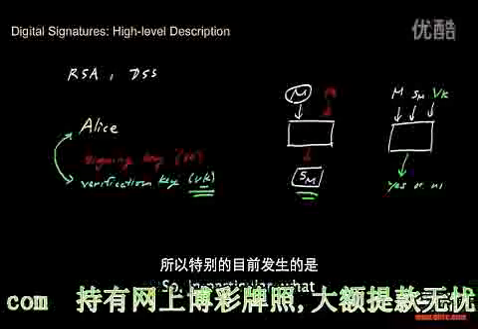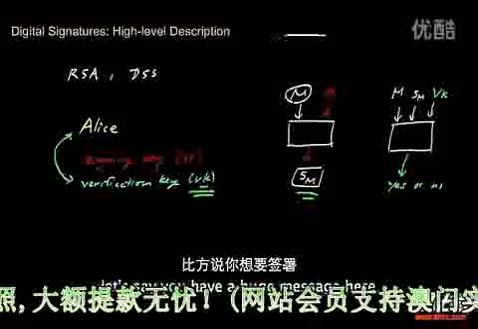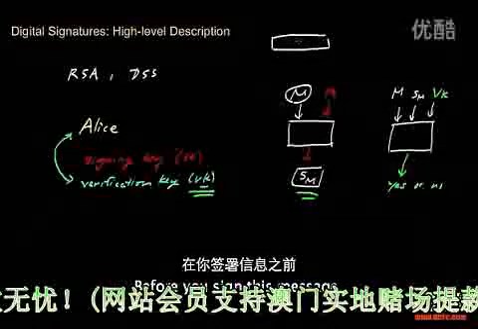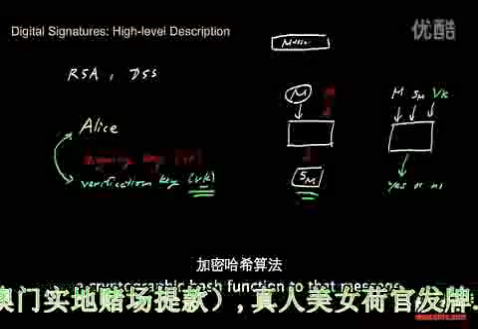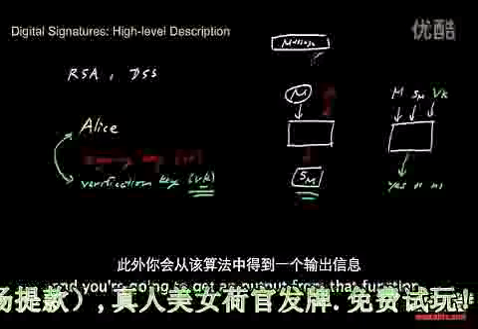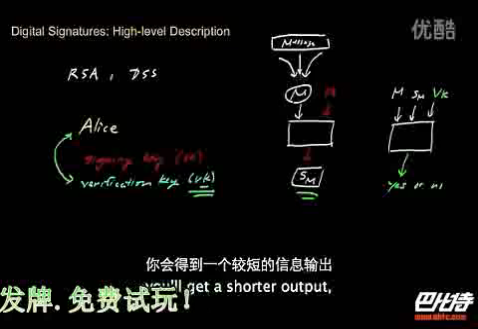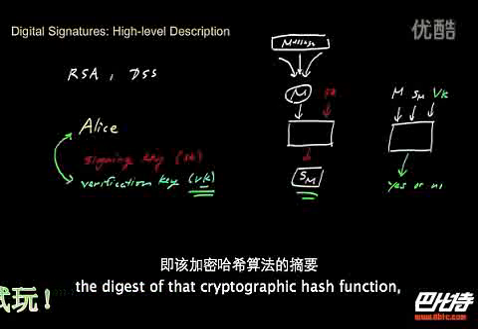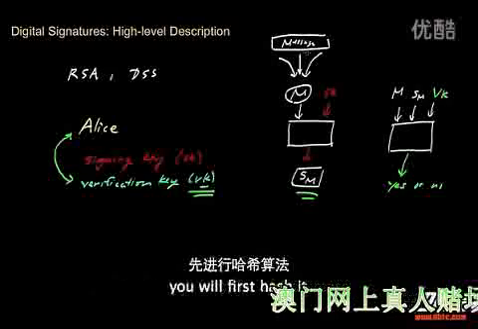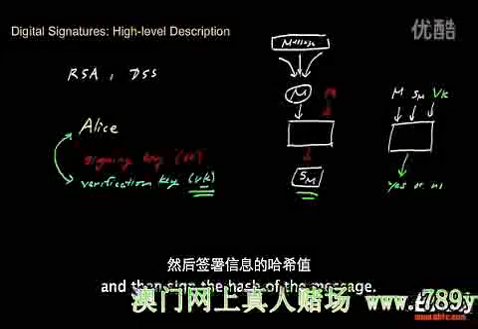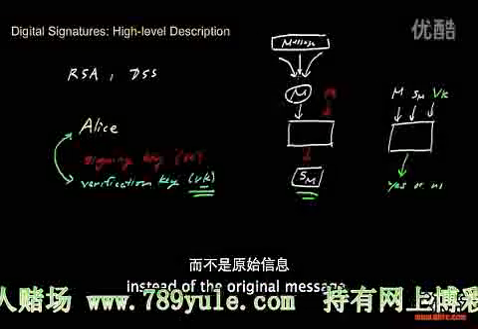So what typically happens is that before you sign an arbitrary message, let's say you have a huge message that you want to sign, you're going to apply a cryptographic hash function to that message, and you'll get a shorter output, the digest. And then in a signing algorithm, rather than signing the original message, you will first hash it and then sign the hash of the message. You'll sign the resulting digest instead of the original message.